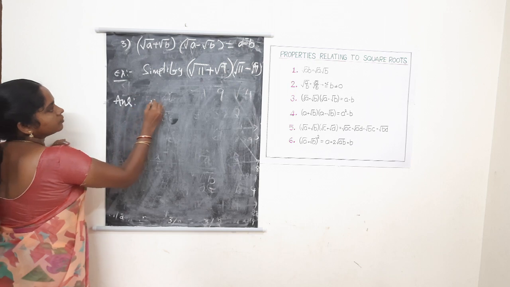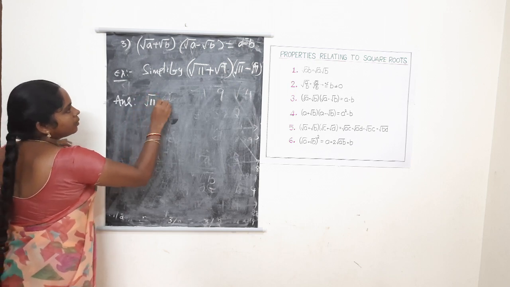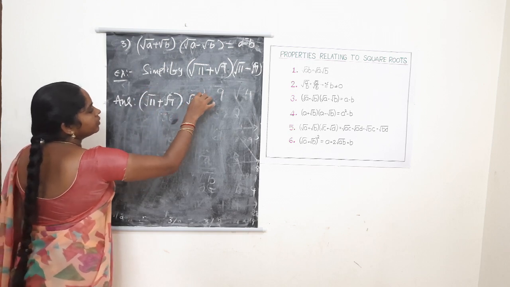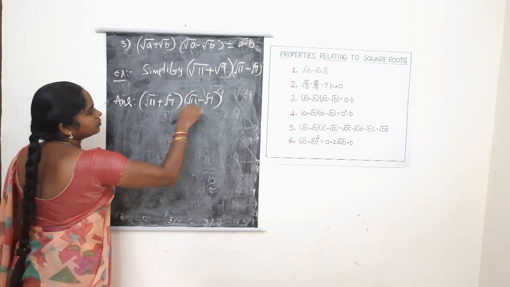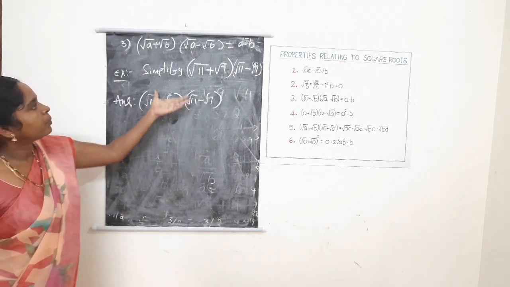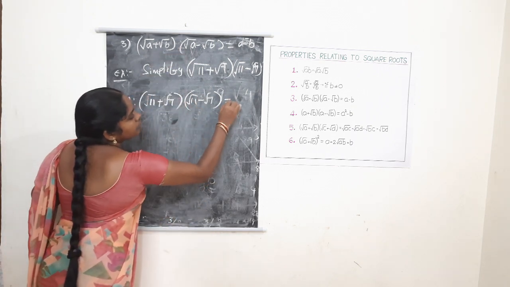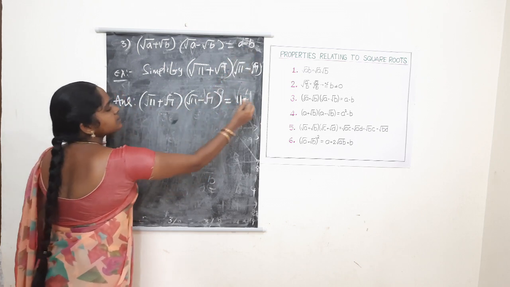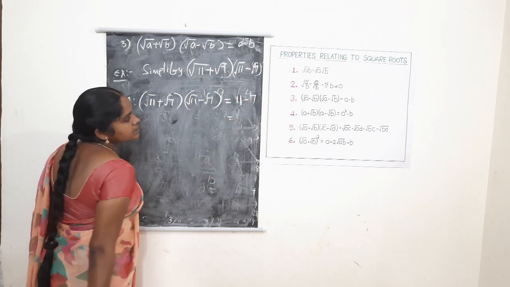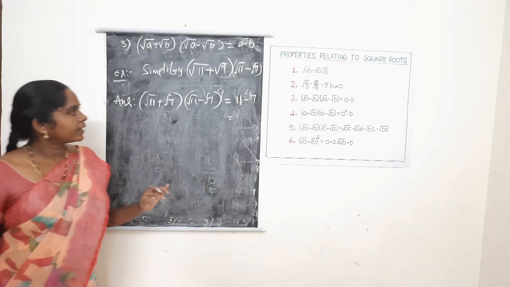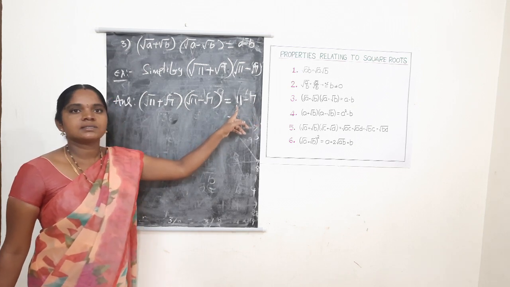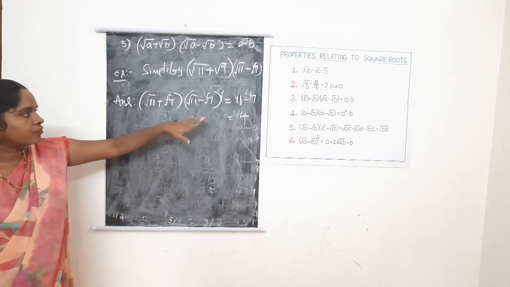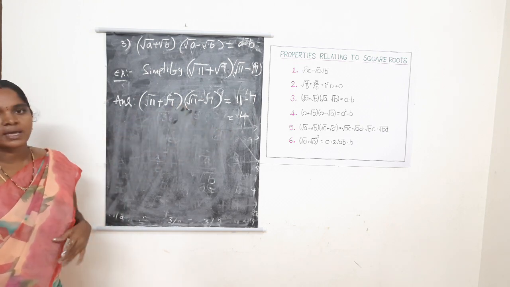So root 11 plus root 7 into root 11 minus root 7. Now we can apply this formula. So a minus b, here a is 11 minus b is 7. So 11 minus 7, subtracting 7 from 11 is 4. The result is 4. Therefore third property is satisfied.